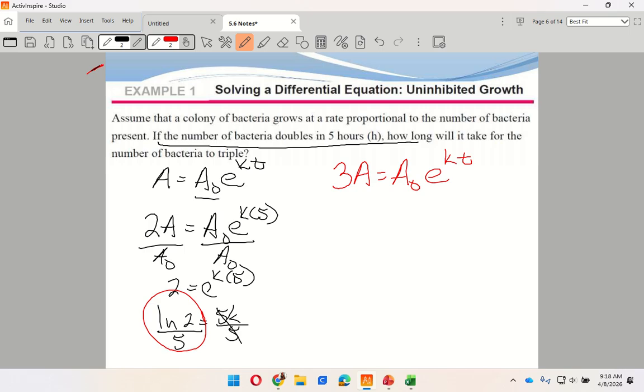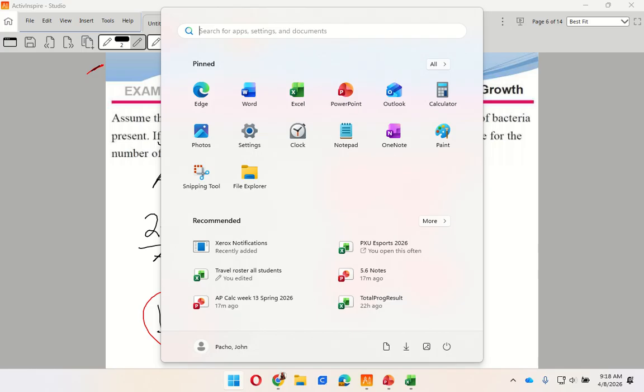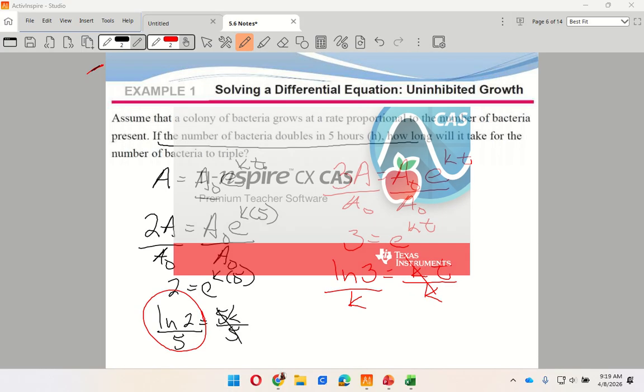Divide both sides by my initial value, so 3 is equal to e to the kt. Take ln: ln 3 is equal to kt, divided by k. So ln 3 divided by my k value, which is over here. And then I'm going to plug this in the calculator because I'm not going to be so bold as to try and do that by hand.